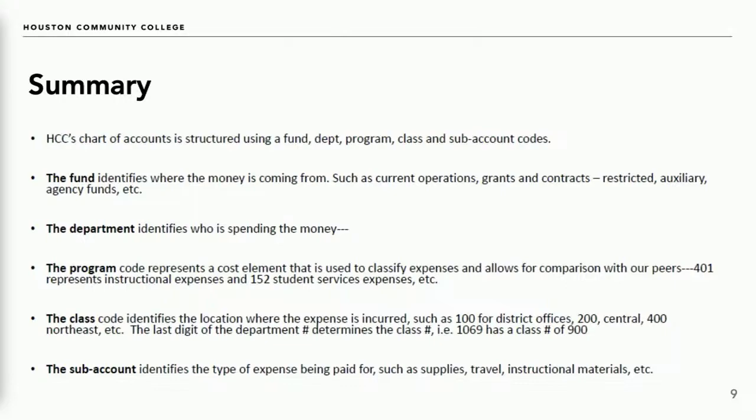It also allows for us to have cross comparison with our peers, as the program code identifies the actual functions, such as if it's instructional or if it's tied to student services, and so forth. It also helps management in making decisions, as well as other stakeholders that may be looking at refinancing a bond and want to see where we're spending money or what kind of revenue we're getting in.